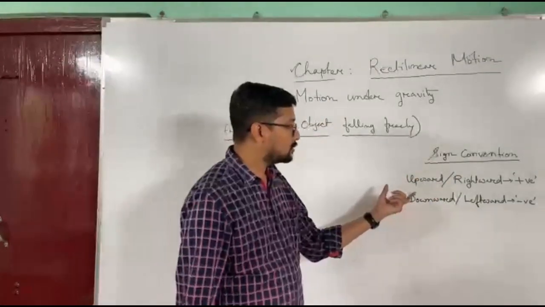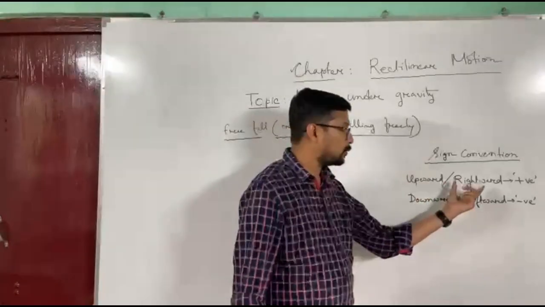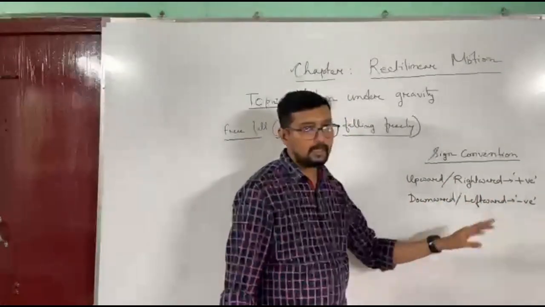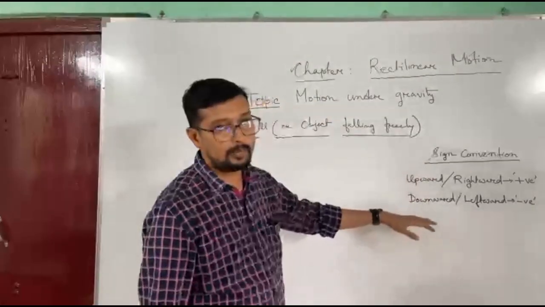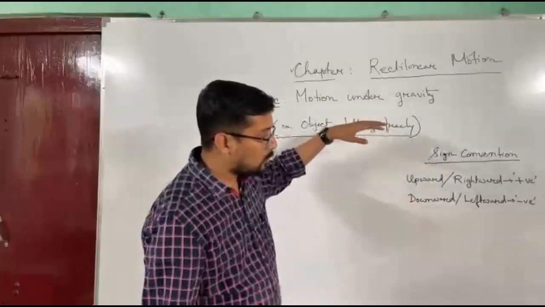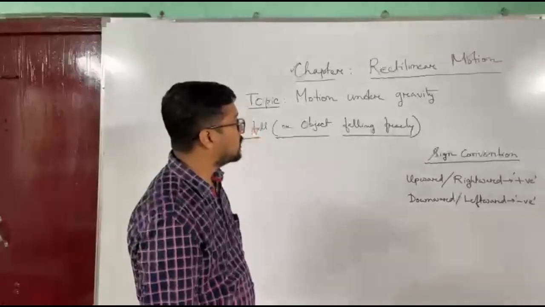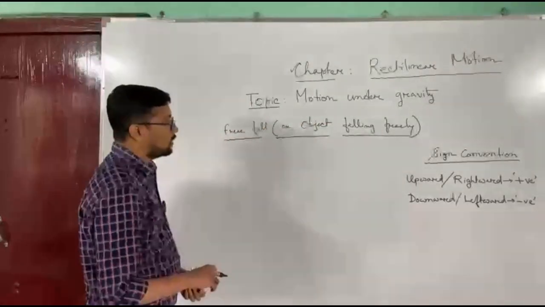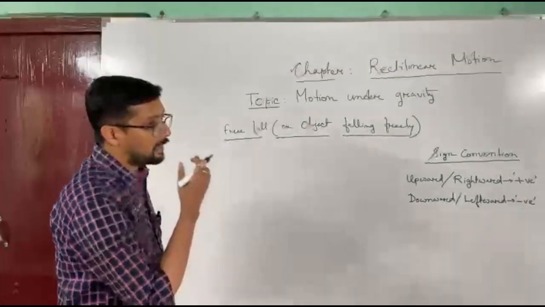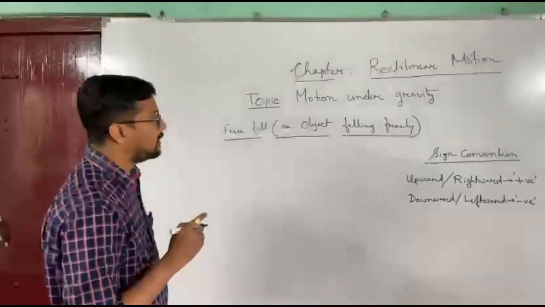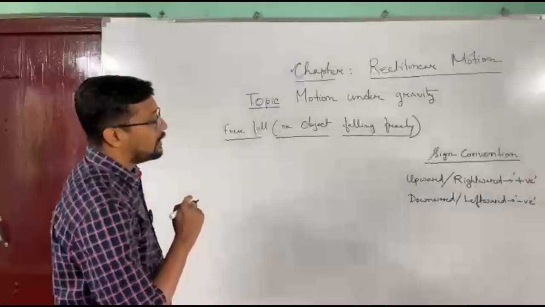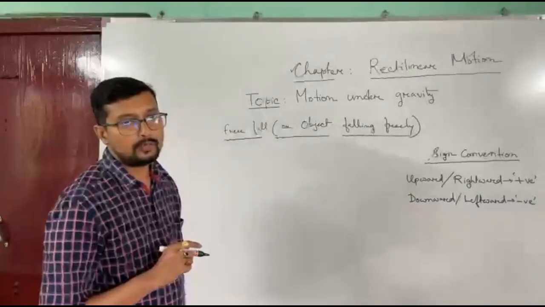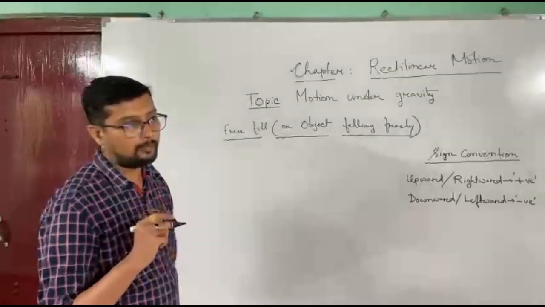We are going to use upward or rightward motion as positive motion, downward or leftward motion as negative motion, and these sign conventions will be used throughout all these three subtopics that we are going to study under motion under gravity. As we are studying motion under gravity, that means during these motions the objects will be under the influence of the gravity force.